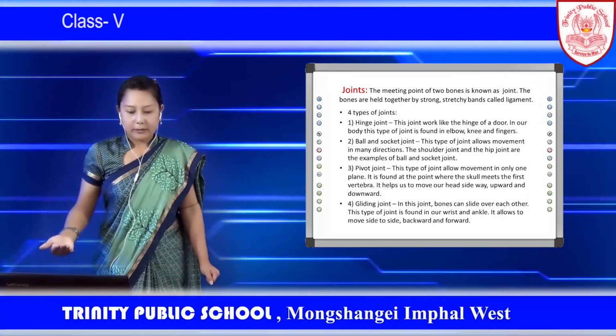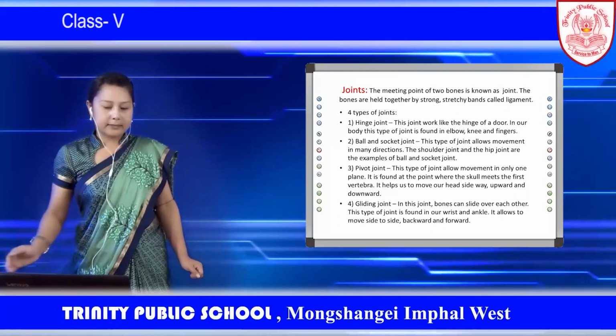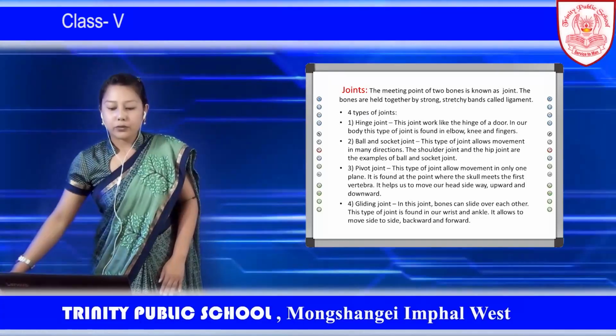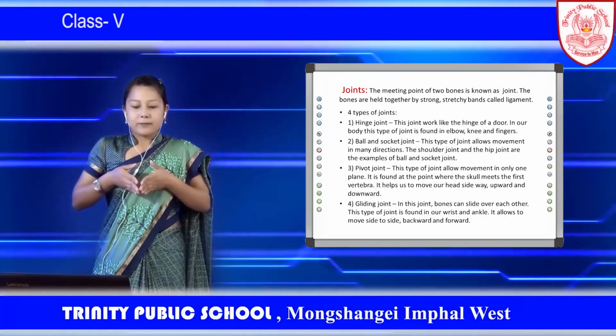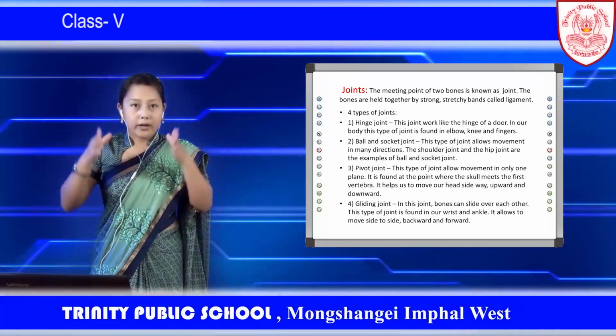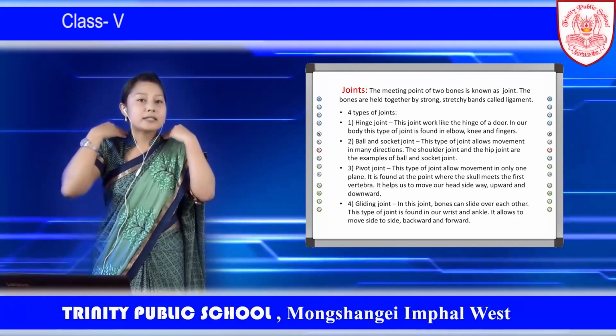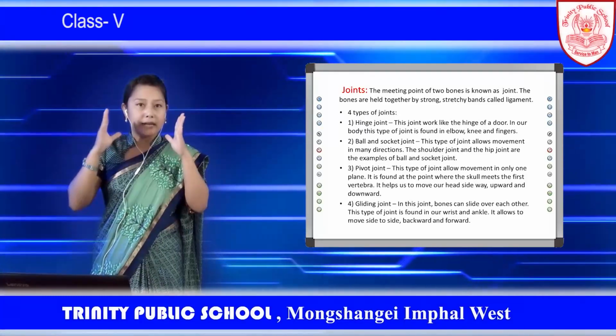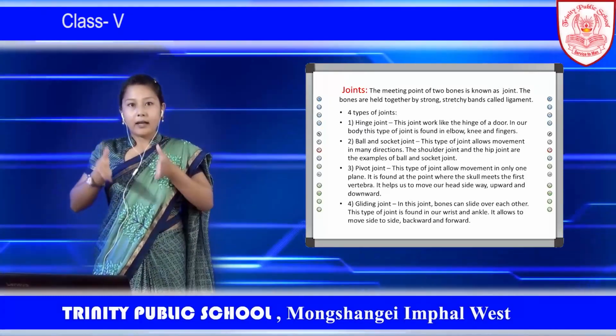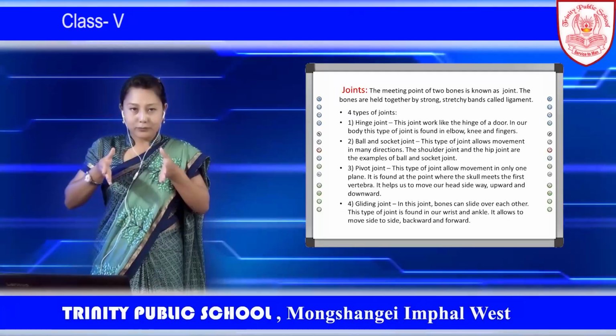And next, let's come to the pivot joint. This type of joint allows movement in only one plane. It is found at the point where your skull meets the first vertebra. It helps to move our head sideways, upward and downward.